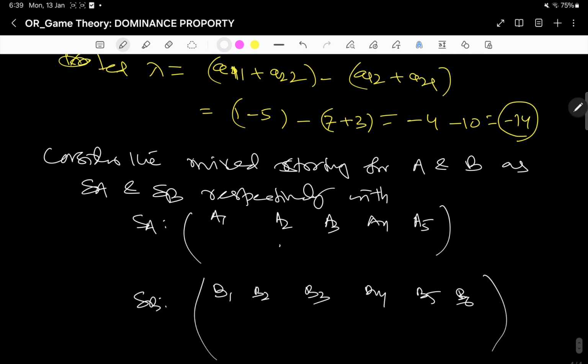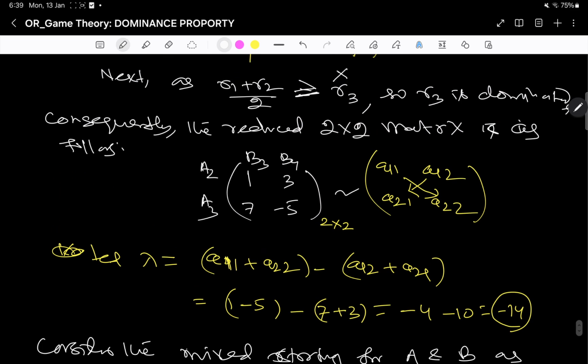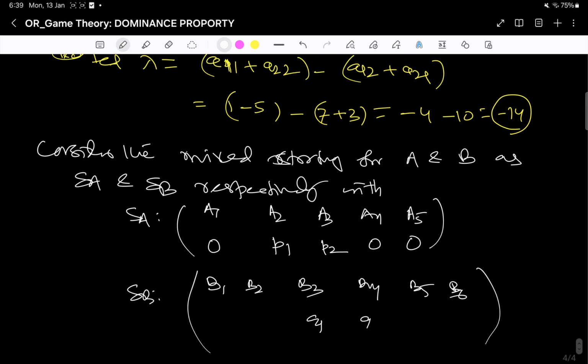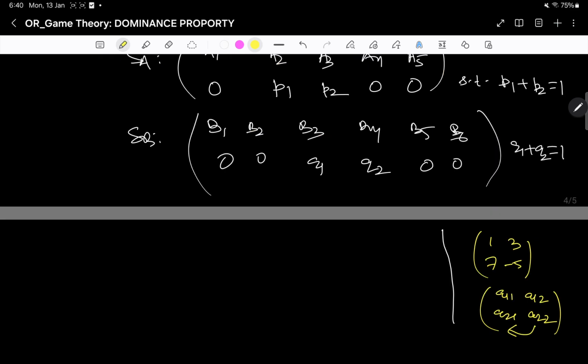So A2 will be your P1, A3 will be P2, remaining are omitted, so their probability is 0. For B similarly you have B3 and B4. B3 is Q1 and B4 is Q2, rest are 0. Such that P1 plus P2 is equal to 1 and Q1 plus Q2 is equal to 1. So let us now compute all the other parameters: lambda, value of the game, P1, P2, Q1, Q2 and so on.